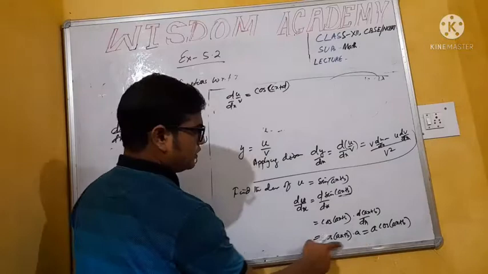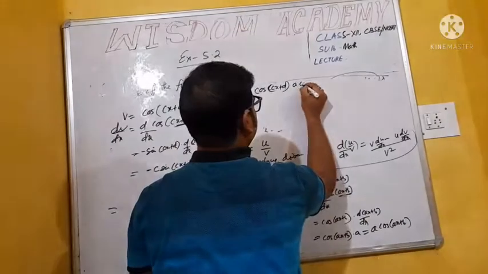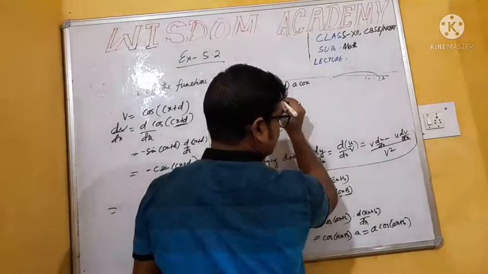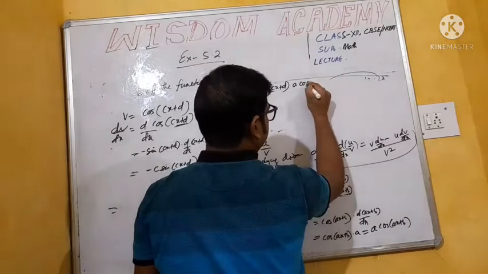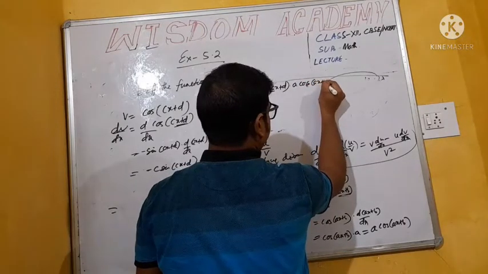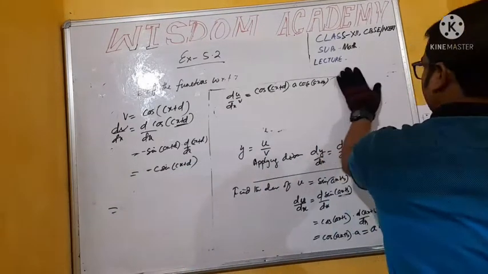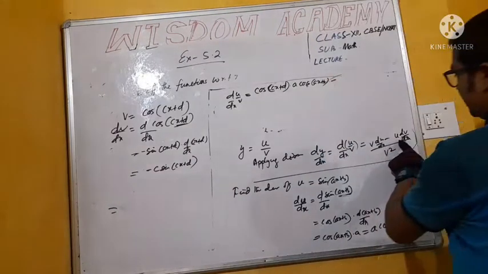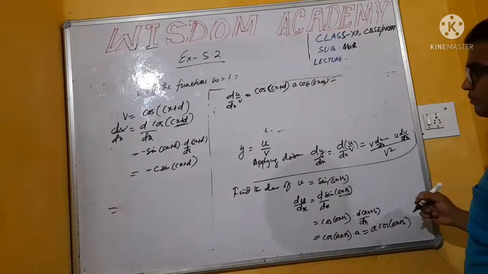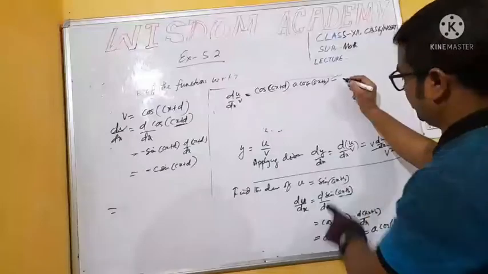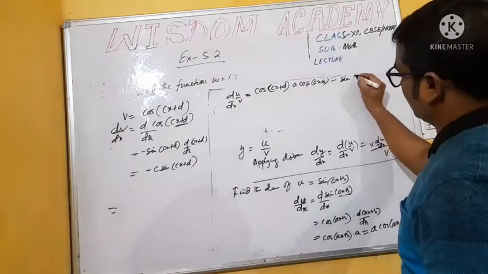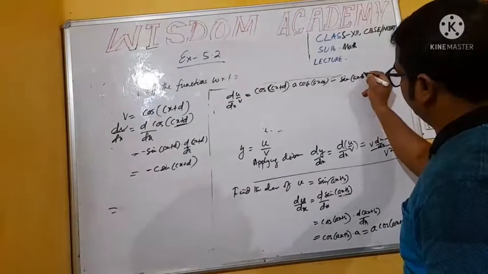Find the derivative of u, a cos ax plus b, minus u into the derivative of v. The value of u is sin ax plus b.